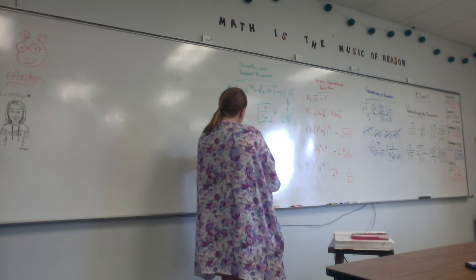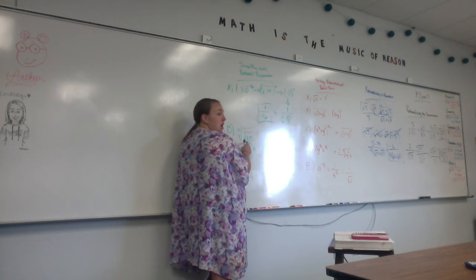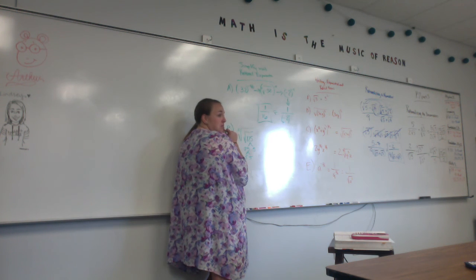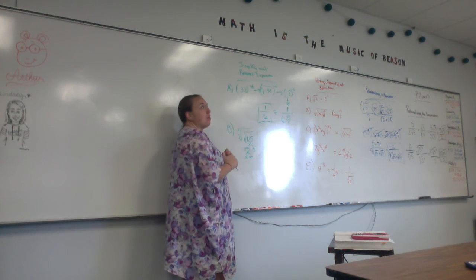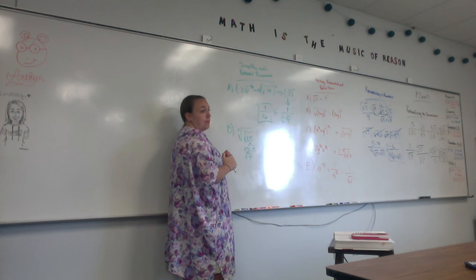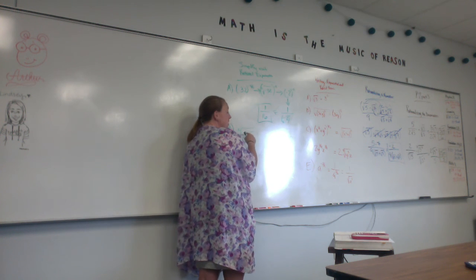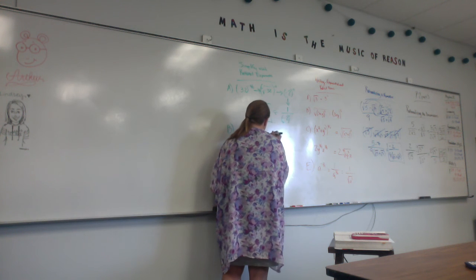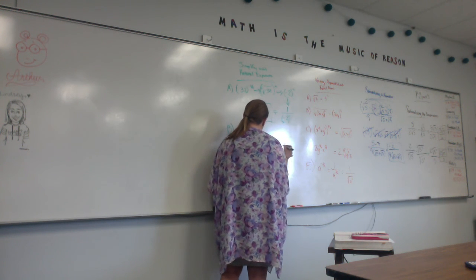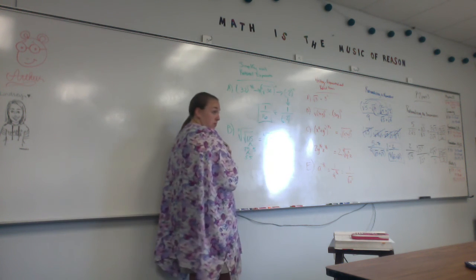Our radical rules from yesterday say that if I have a radical and a radical, I can combine them by doing what? You multiply. So this is a 3 and this is a 2. What is 3 times 2? So I'm taking the 6th root of 125, and I know that 125 is 5 cubed.